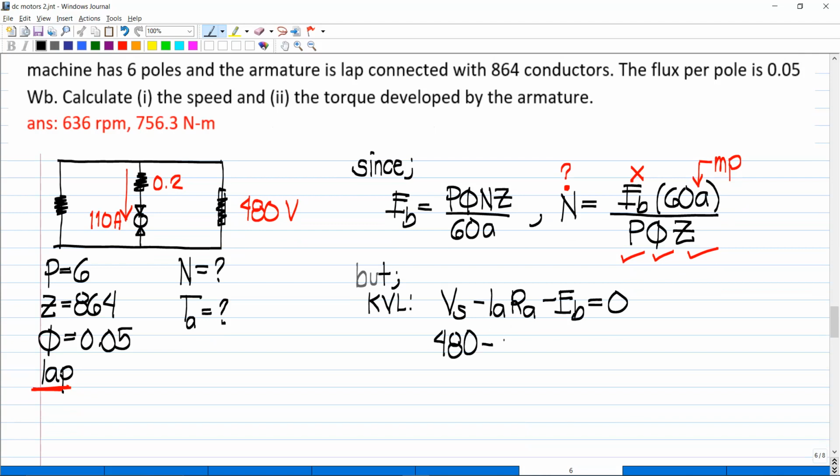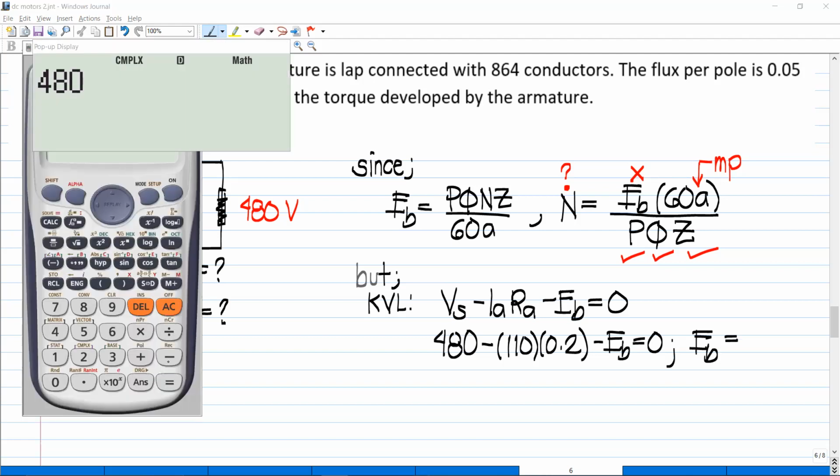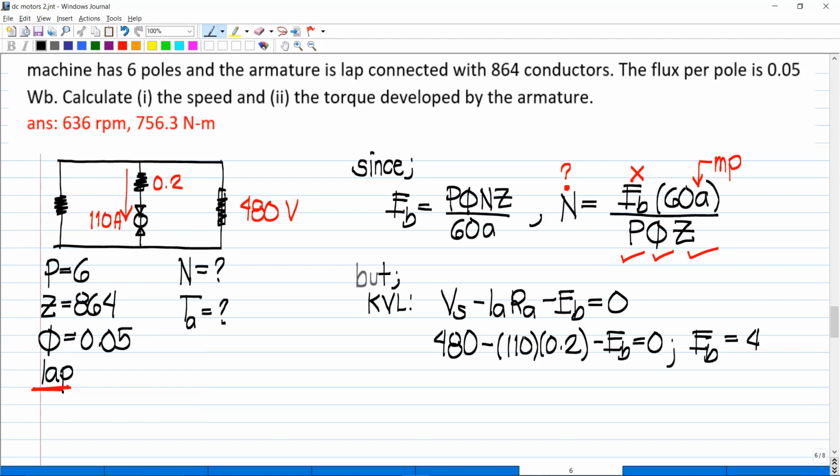We have the armature current, 110 amperes. The armature resistance, 0.2. And then minus EB equals 0. Since EB is the only unknown left here, we can now solve for that EB. So 480 minus 110 times 0.2. So our EB is 458 volts.